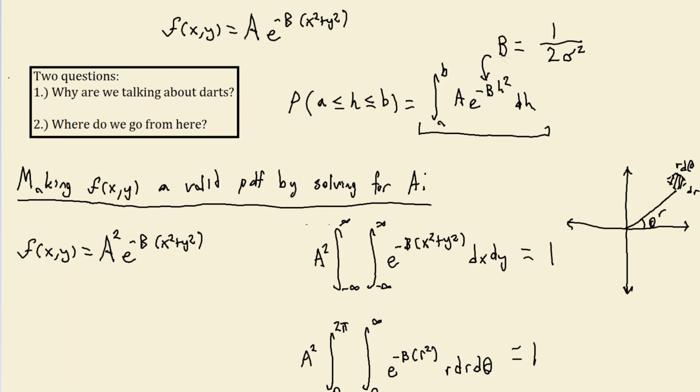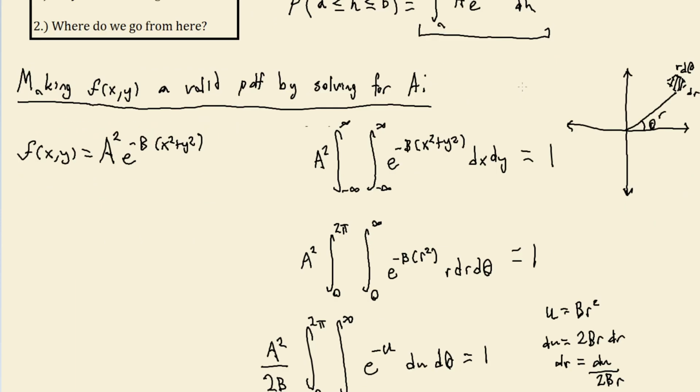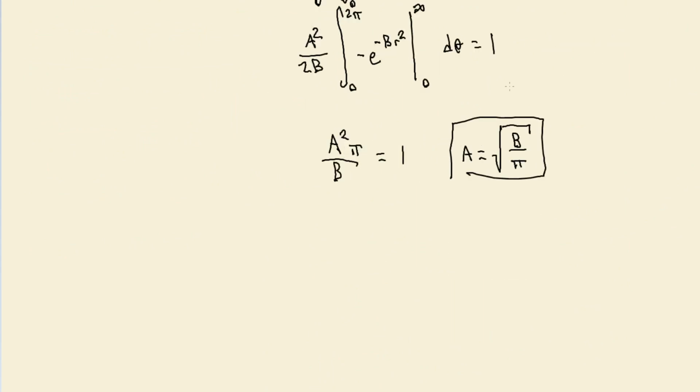And so if we make this substitution for our b value here, then we can return to our equation down here, and we have that our a is equal to the square root of b over pi. And so now we can define our a as the square root of, what was our b? 1 over 2 times the variance. And so this is going to be 1 over 2 times the variance times pi.